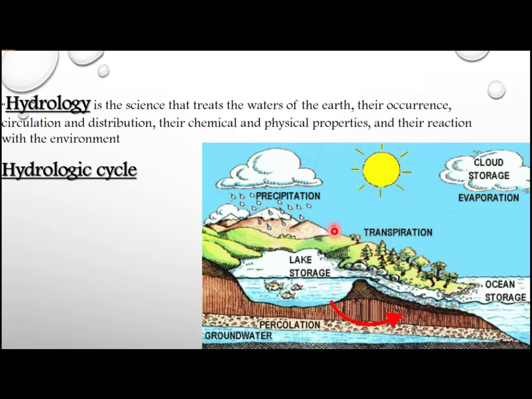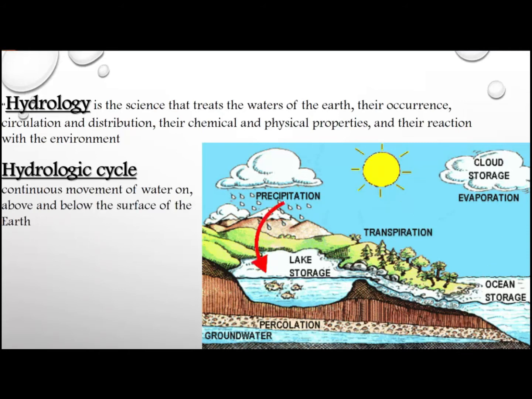So the water is circulated in these three areas in different phases through different processes, which includes precipitation, transpiration, evaporation, storage, infiltration, etc. So we can define hydrologic cycle as continuous movement of water on, above and below the surface of earth.